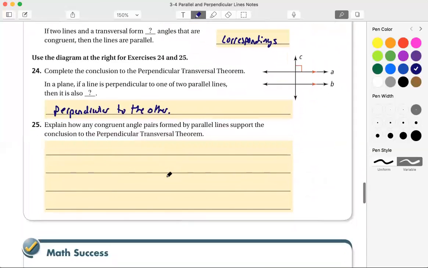Okay, so explain how the congruent angle pairs formed by parallel lines support the conclusion of the perpendicular transversal theorem.